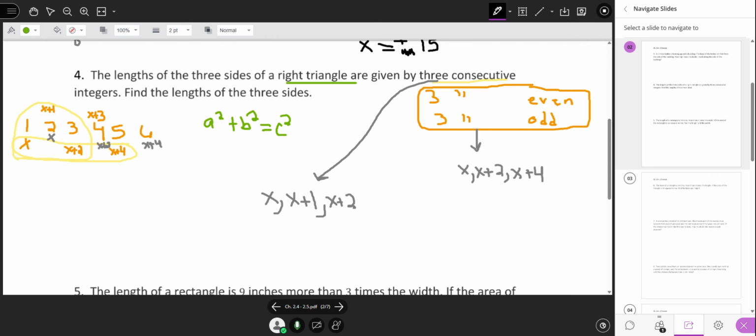Well, there's our biggest one, or our longest one. So we get x squared plus, and this one's nasty, I'm just telling you, equals x plus 2 squared. Throw that into Desmos.